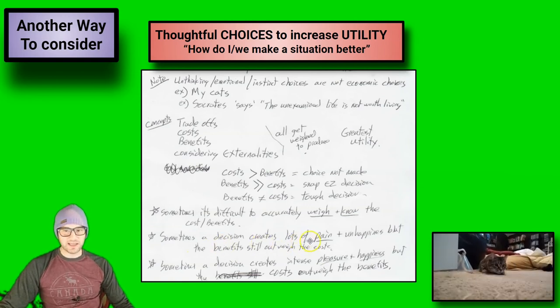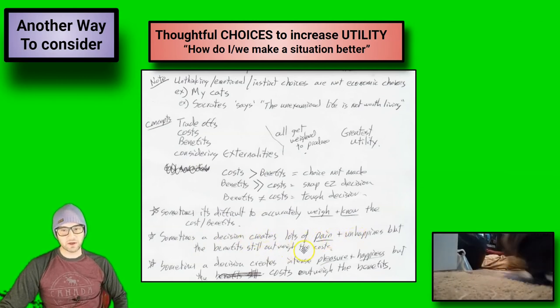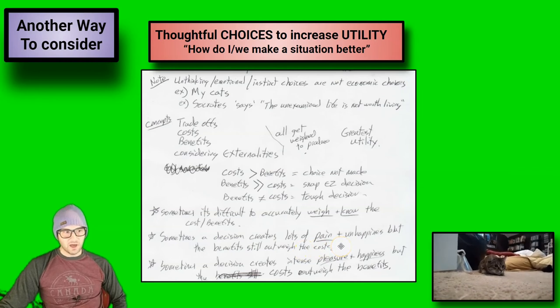Sometimes a decision creates a lot of pain and unhappiness, but the benefits still outweigh the costs. I am thinking about people who make sacrifices in their jobs. Let's just take firefighters. Sometimes they make the decision to put their lives on the line and to become horribly hurt and to experience the pain of getting hurt, or possibly the unhappiness of their own deaths.